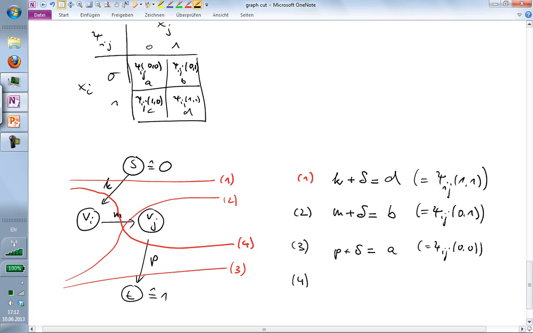It cuts both K and P. M does not add into the count because the edge M goes in the wrong direction. So we're only counting edges that go from source to sink. So this edge here crosses the cut in the correct direction, but this one goes in the wrong direction, so it's not counted, and this one goes in the correct direction. So K plus P plus delta should be C, which is shorthand for psi ij of 1 and 0.